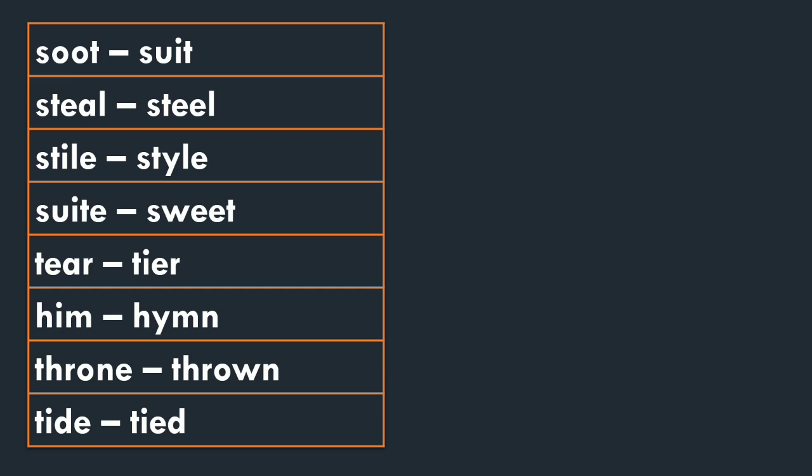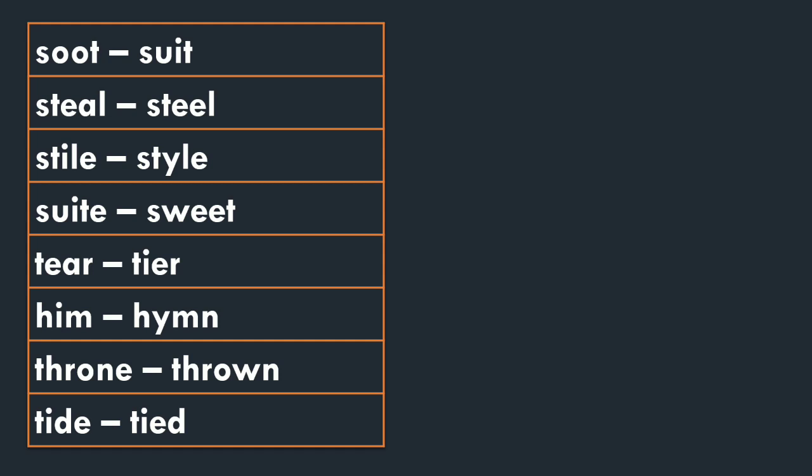And sweet, S-W-E-E-T, is just the taste. Next is tear, with spellings T-E-A-R and T-I-E-R. Tear, T-E-A-R, means a drop of liquid that you have when you cry. And tier, T-I-E-R, means layers put one above another.